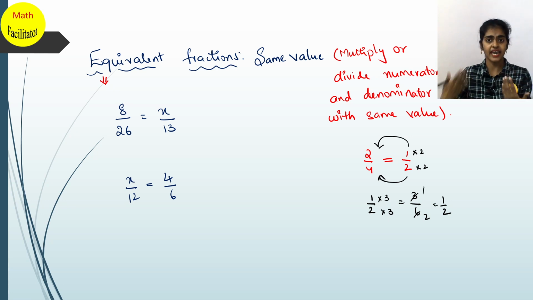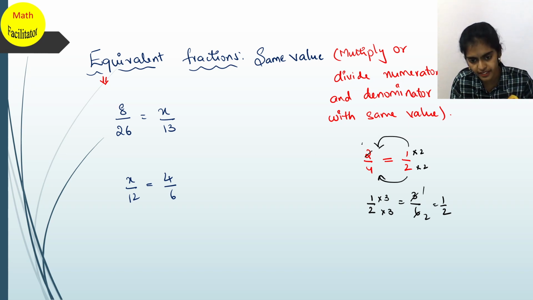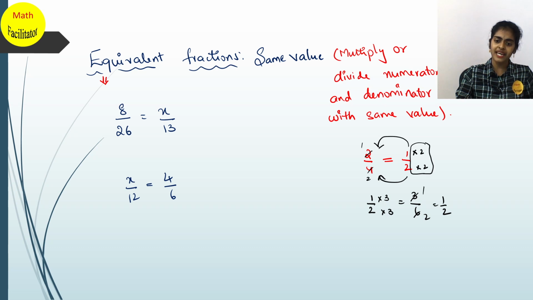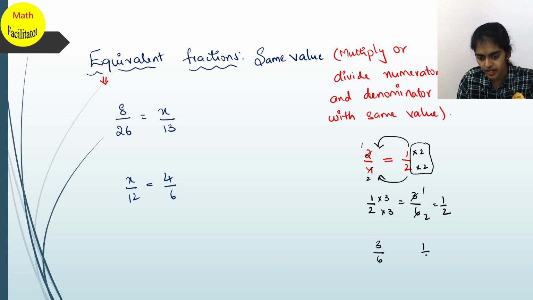In this way, if you simplify 2 by 4, 2 ones are 2, 2 twos are 4, again you will get the same 1 by 2. If the value of the fraction is the same, then those fractions are called equivalent fractions. And here you can observe how you get the equivalent fractions: by multiplying the numerator and denominator by the same number, or by dividing. See here, you have 3 by 6 and 1 by 2.